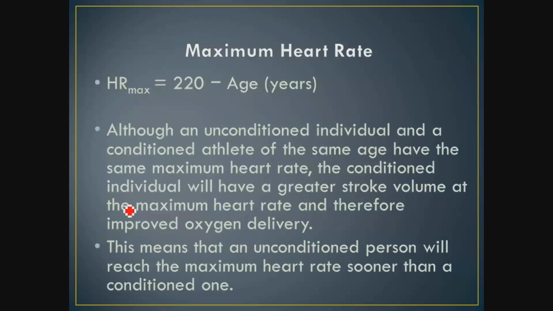To calculate that, you may want to know that it's 220 minus the age. So if I'm, let's see, what would I be? 220 minus, I'm 57, so is that 163 would be my maximum heart rate.